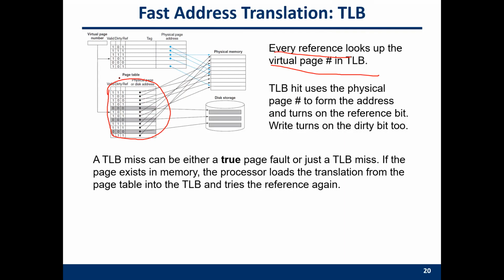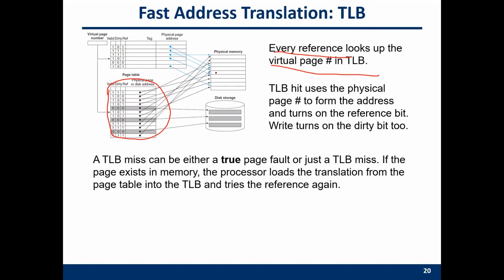Once we have a TLB miss, either this page is actually in the physical memory but we don't have the translation in the cache, and this is one case of the TLB miss, or that page is not in the physical memory.